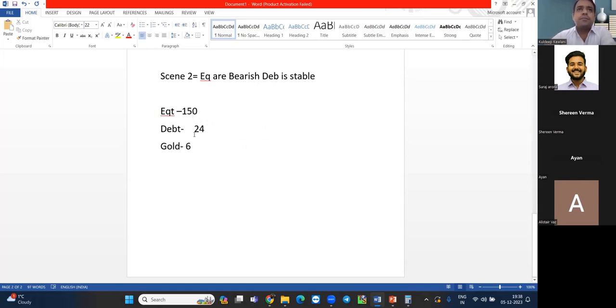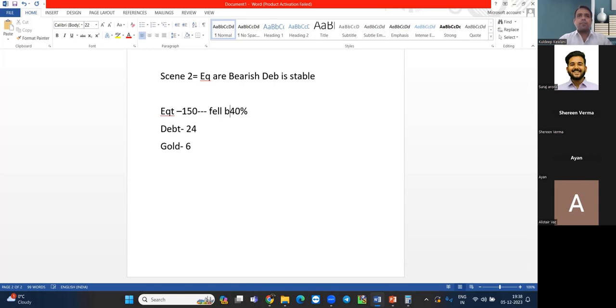If I don't rebalance here in scene 2, there will be 2 cases. One is I rebalance it. Second is I don't rebalance it. Let's say my equity fell by 40%.